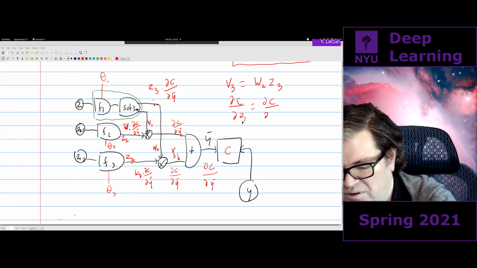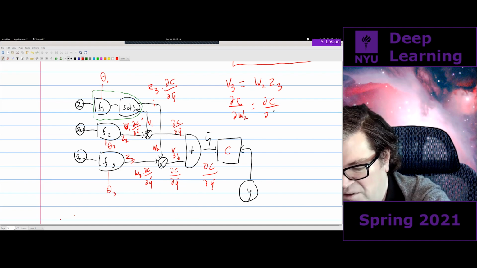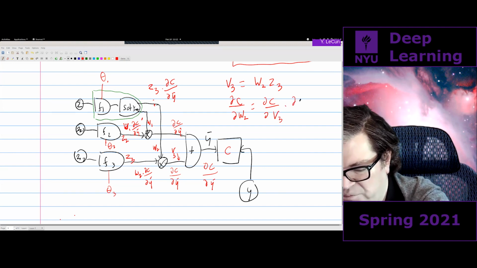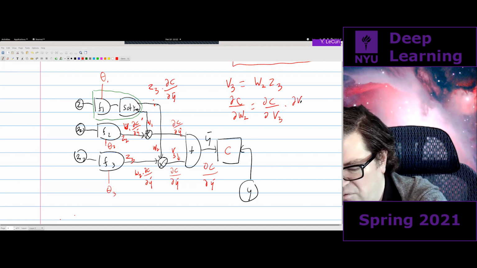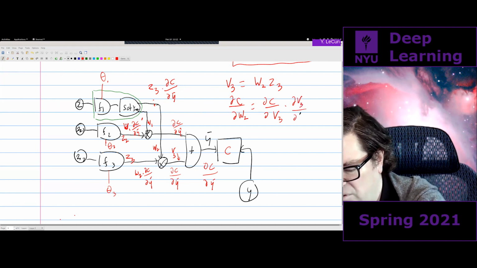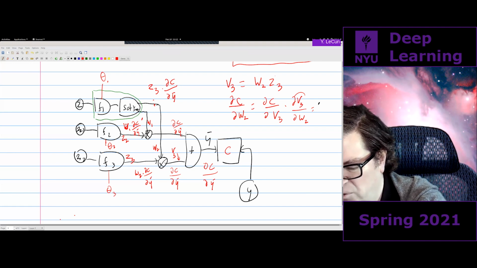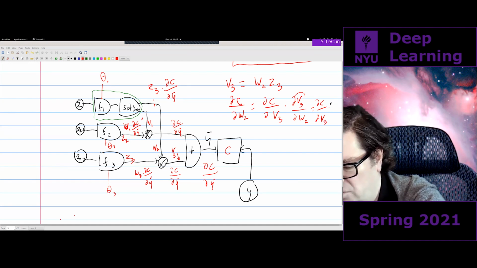When I differentiate a product with respect to the first variable, I get dc over dv3 times dv3 over dw2, and that part is the derivative of this with respect to w2, which is equal to z3. So I get dc over dv3 times z3.